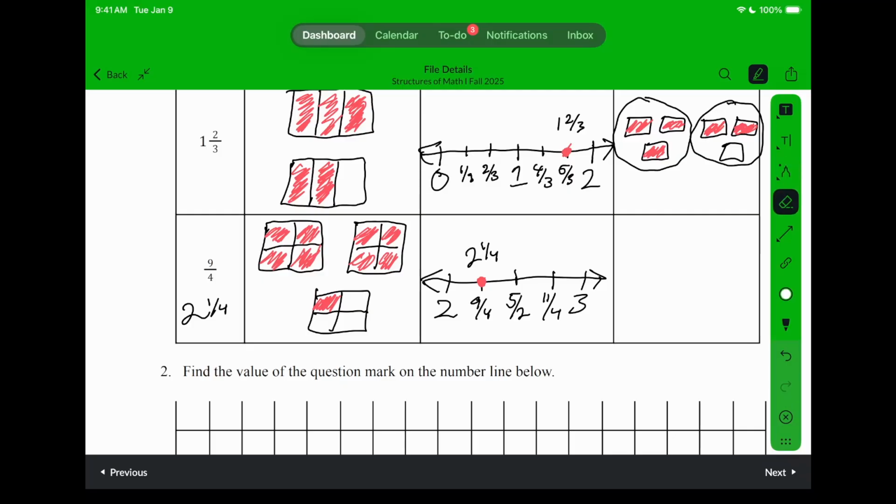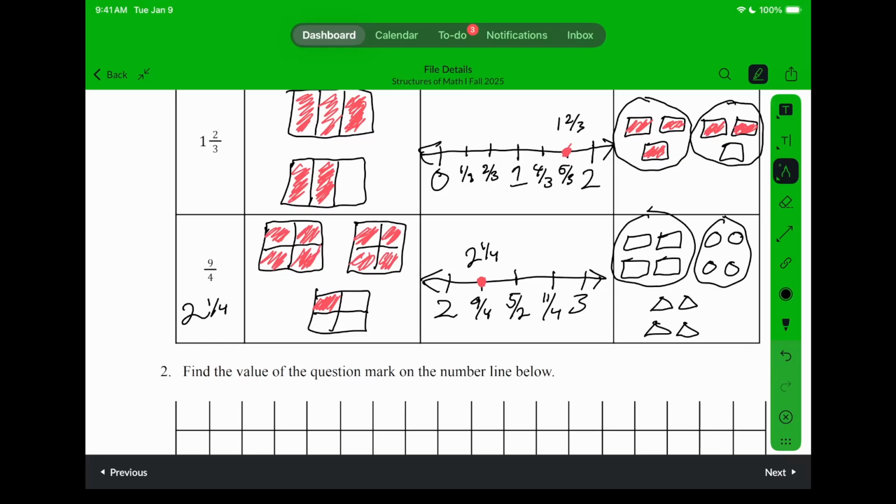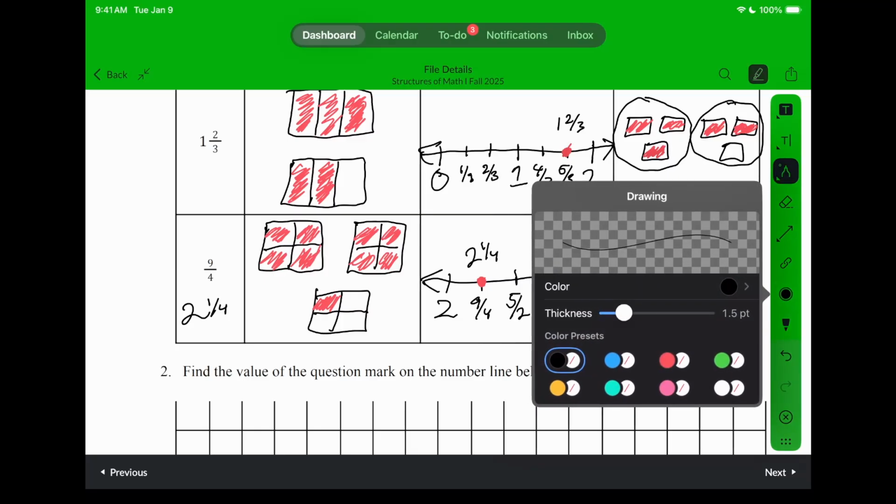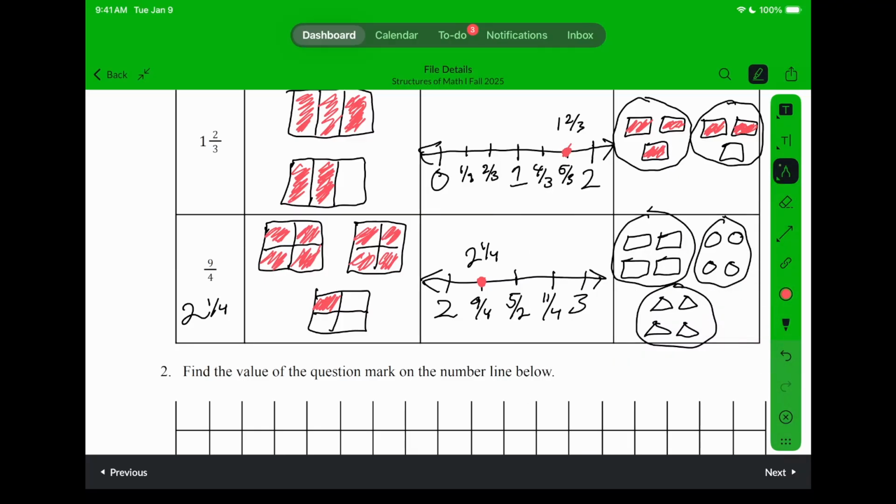And then when we do our set model, I'm actually going to mix it up. I'm going to do our little squares. That's a whole set. And then here's some little circles, and that's a full set. Here's some little triangles. That's a full set. When we mark them for our set model, we have 1, 2, 3. We have one whole.